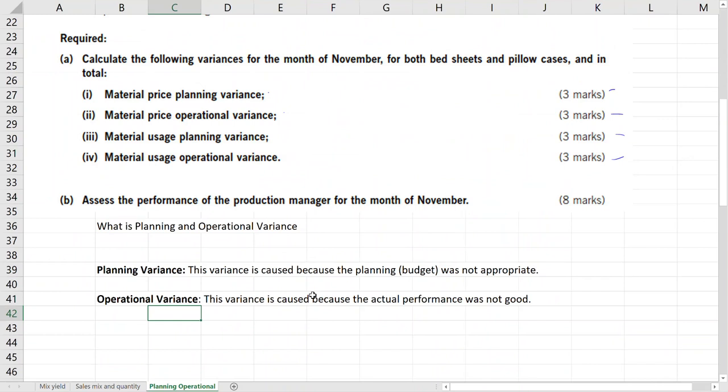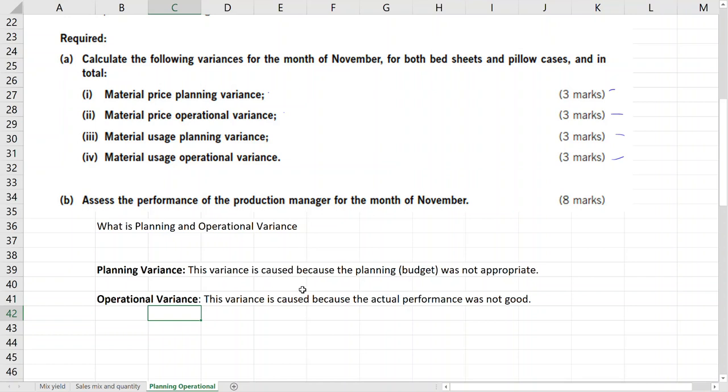When we look at the variance, it could be because of two reasons. One, the plan was not correct. Or second, the actual performance was not correct. Or both.